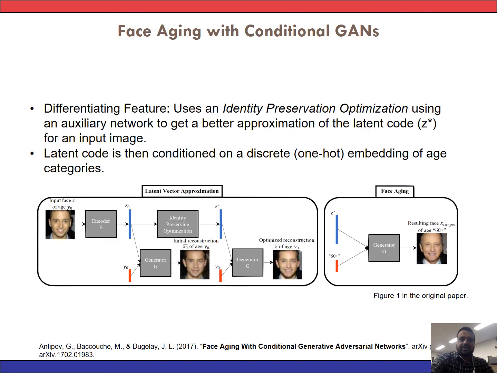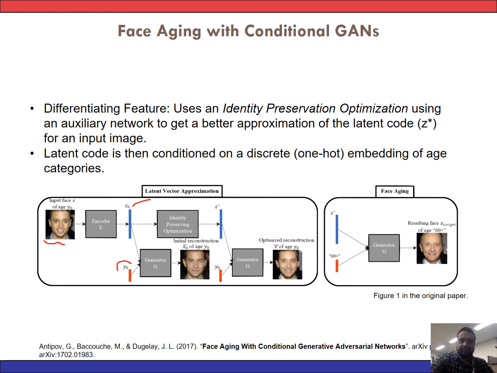Similarly, it can also be used for face aging. Suppose this is the input image. First it is encoded into latent space z naught by using this encoder architecture, and then we can concatenate it with its corresponding label, give it to the generator, and the generator will generate an image.